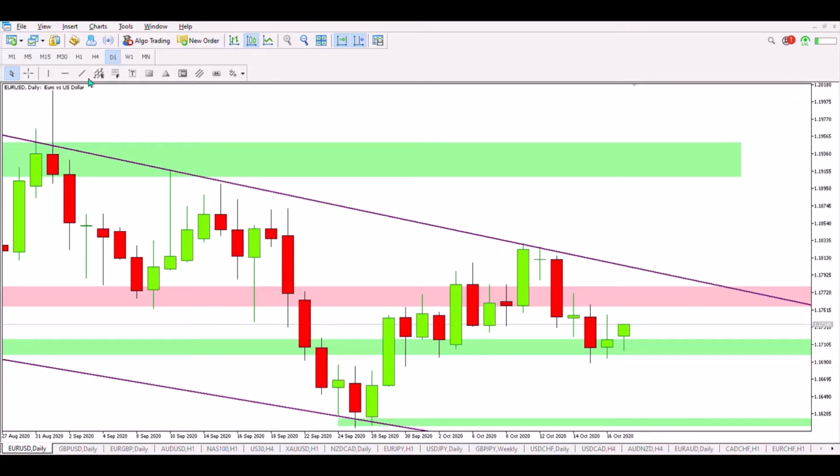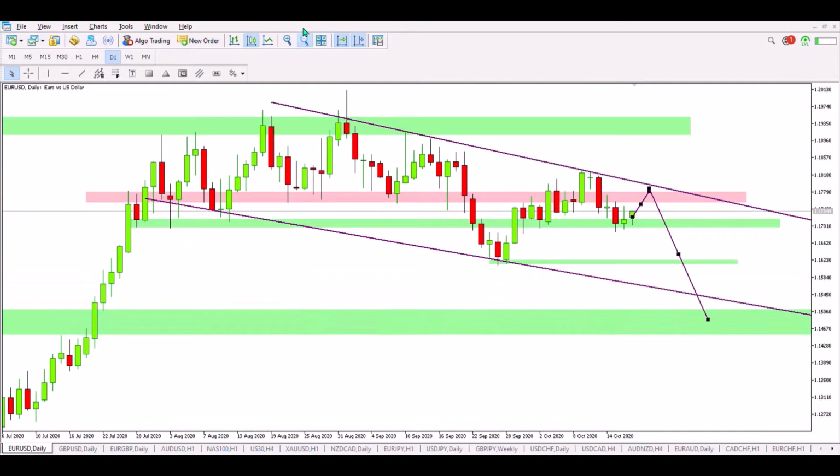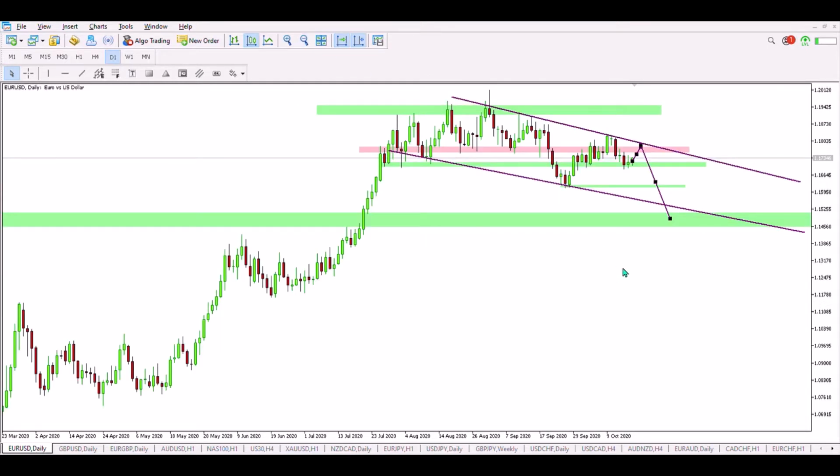So my personal view for this pair is maybe a retest of the resistance and then the next fall to the downside, probably to the 1.16200 zone area, 1.16, and next to the 1.15000. Let's check this out, how it looks.